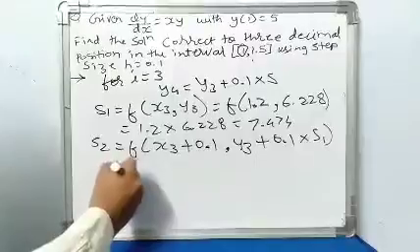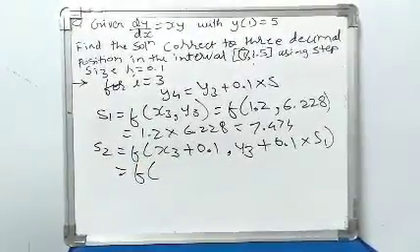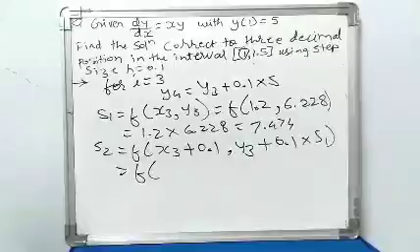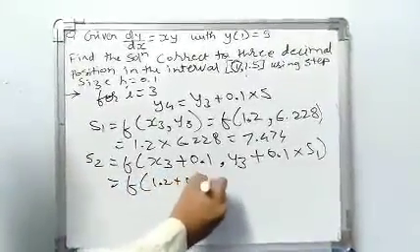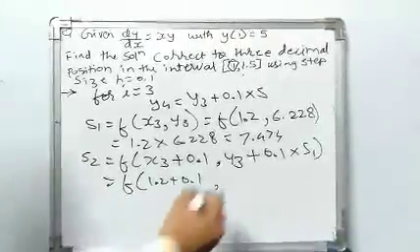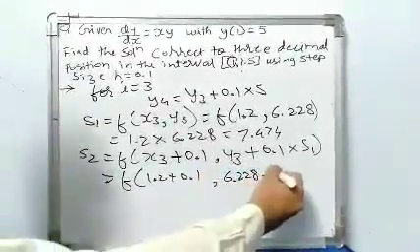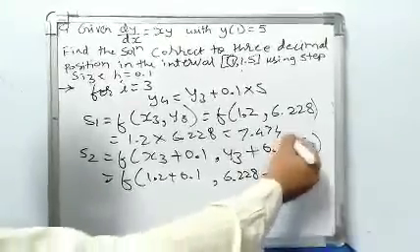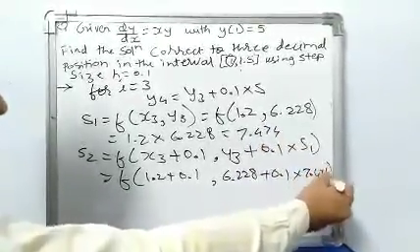So f of x3 we get as 1.2 plus 0.1 into y3. What is the value of y3? That is 6.228, plus 0.1 into s1, that is 7.474, right?